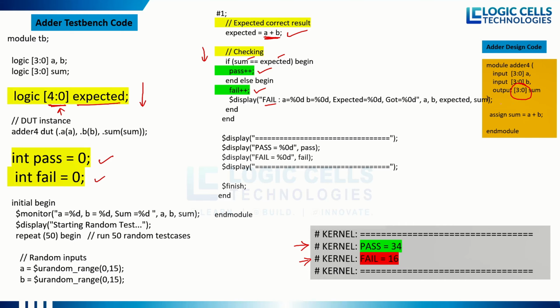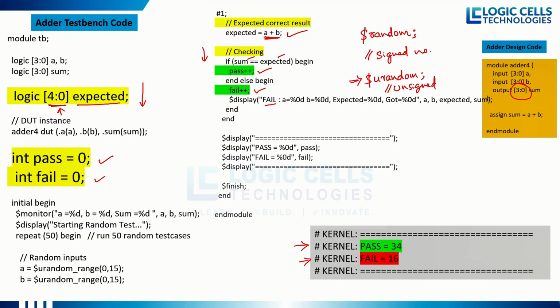Again, here is a question from Jyoti. Sir, what is the difference between $random and $urandom? Yeah, I will cover it now. See, $random will generate signed numbers. $urandom will generate unsigned numbers. Unsigned means all are positive numbers.